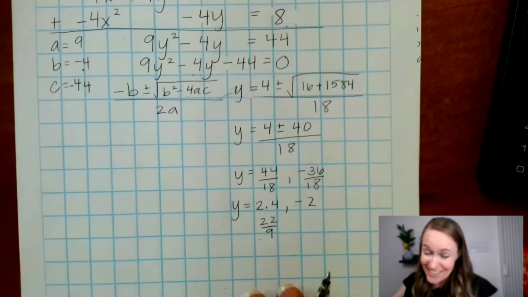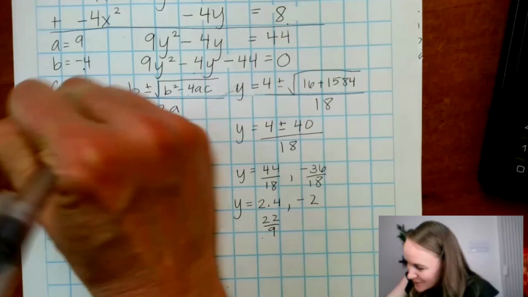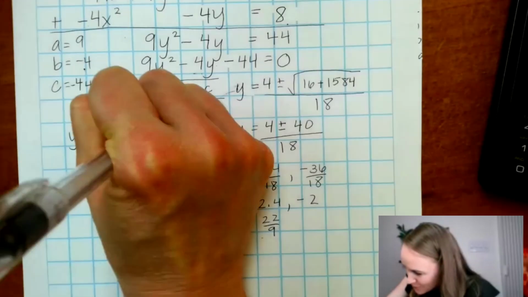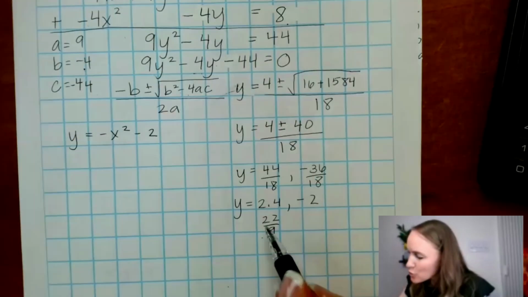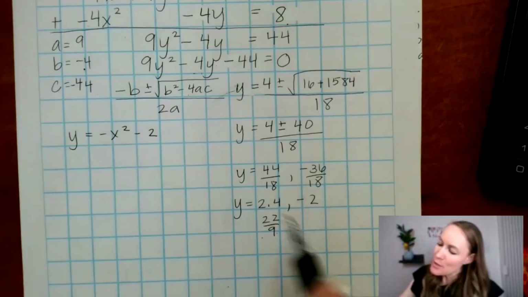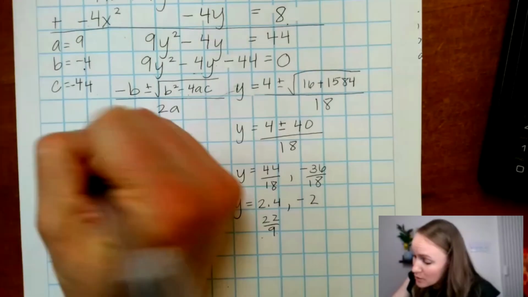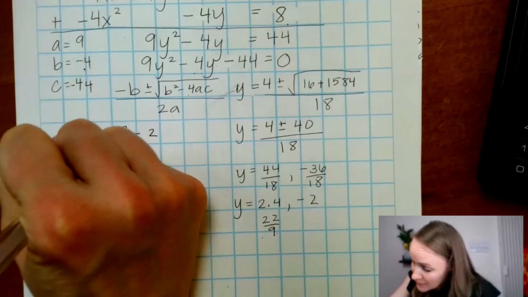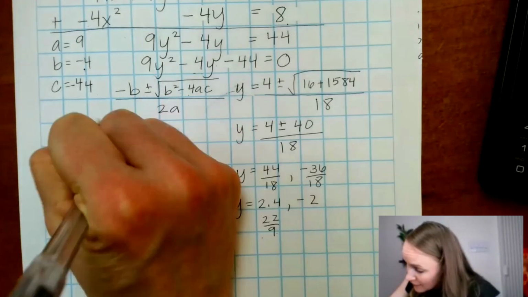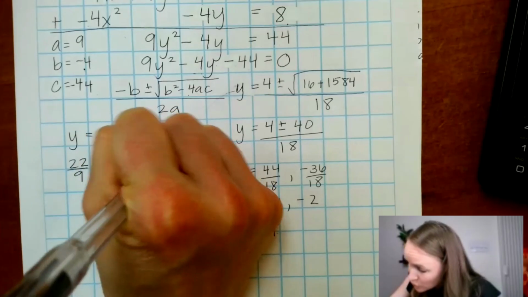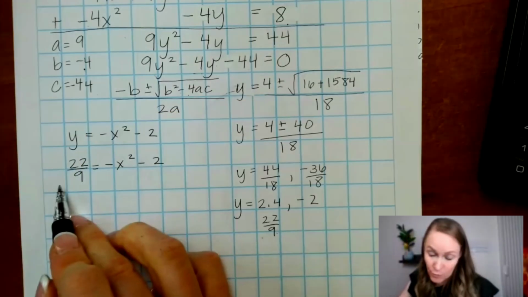So let's write this down here. Y equals negative x squared minus 2. And I'm going to take 22 over 9 and plug that in for y, because that's what y equals. So 22 divided by 9 equals negative x squared minus 2. I'm going to add the 2 over.